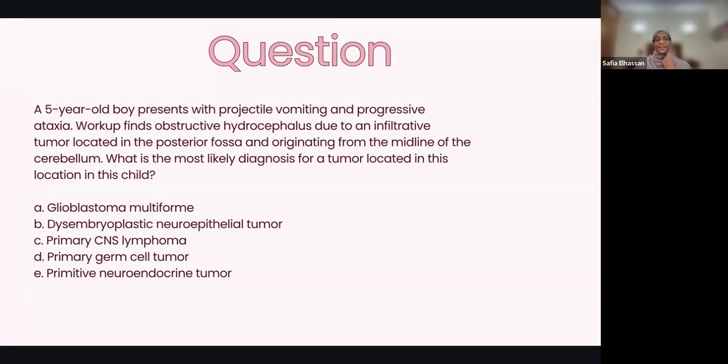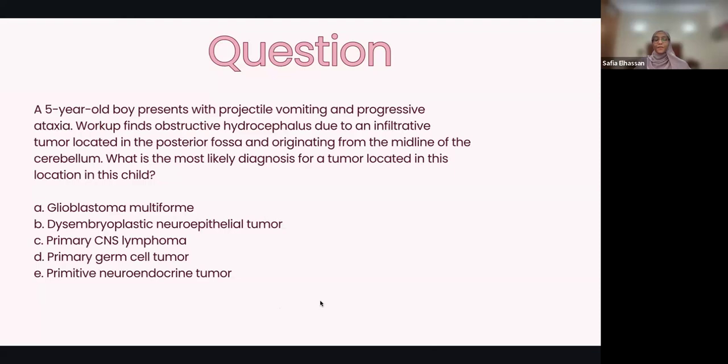Okay, I'm seeing B. Can you tell me why you guys are saying B? Ependymoma. Okay, I see. So dysembryoplastic neuroepithelial tumors, if I remember correctly, are located in the temporal lobe. So this is another type of tumor.